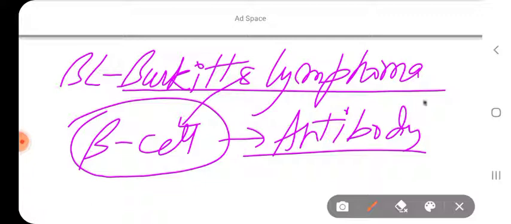That means your immune system becomes totally damaged, just like HIV does. They inactivate your T helper cells and make your immune system damaged. You become susceptible to a simple cold infection and you may die. Burkitt's lymphoma is like that. It causes decreased immunity because the immune cells are getting affected here.